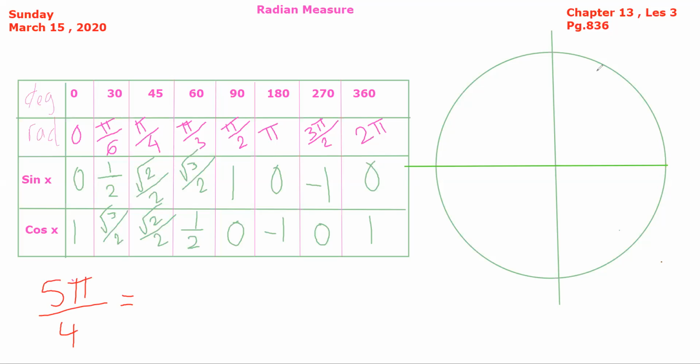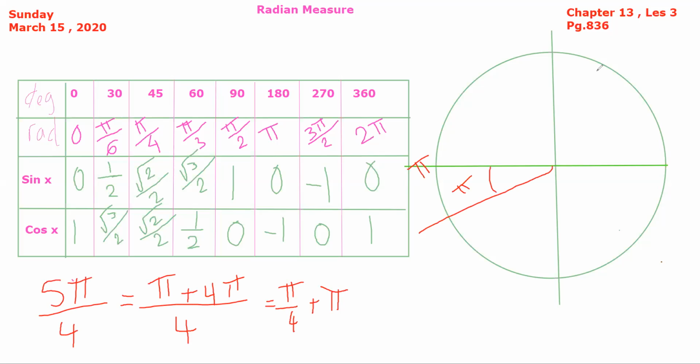Now, 5 pi over 4. 5 pi is pi plus 4 pi, over 4. So it is pi over 4 plus 4 pi over 4 using the distributive property, and 4 pi over 4 is pi. So I am in pi here, and it rotates with pi over 4. So 5 pi over 4 is in quadrant 3 with a rotation from pi with pi over 4.